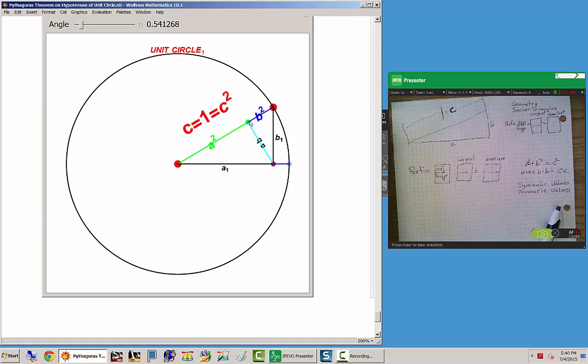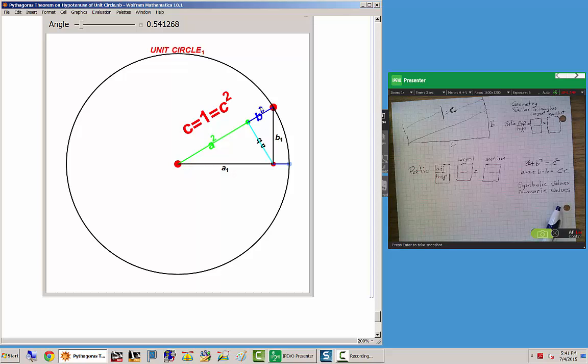So I represent that this is a mathematically accurate model, and that it uses symbolic values instead of numeric values. Okay, so I'm going to show why.